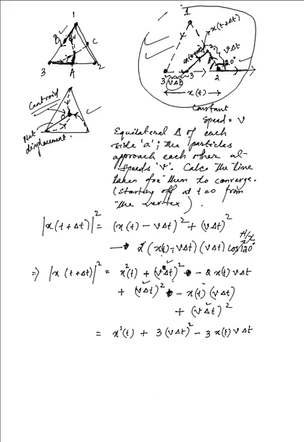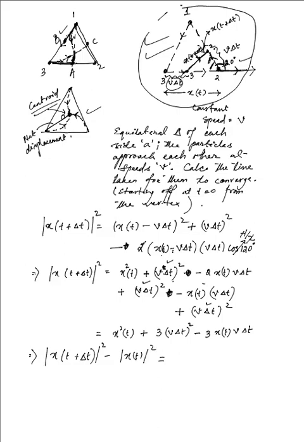And I just take the x(t) to the other side, so x(t + Δt) squared minus x(t) squared. And what are we left with?